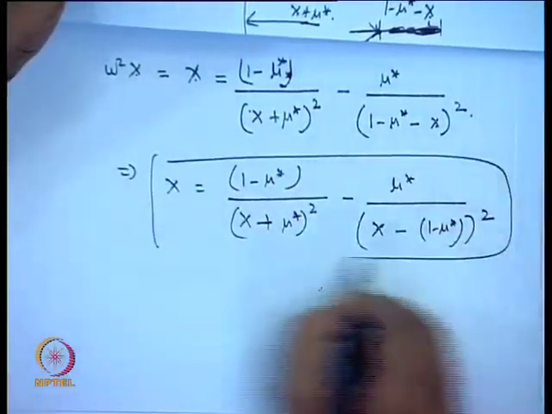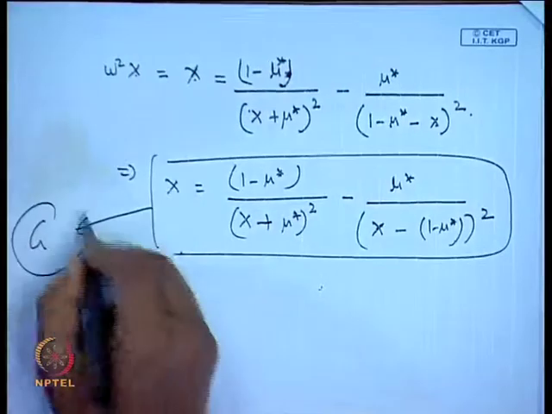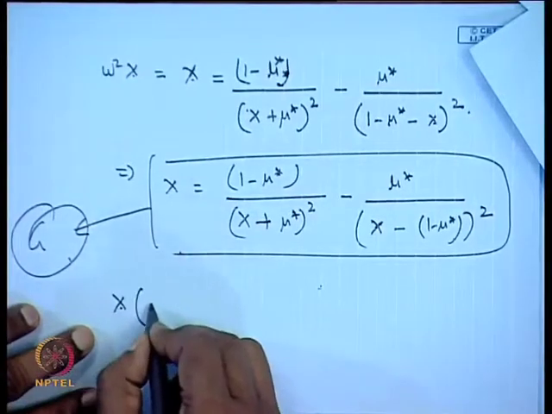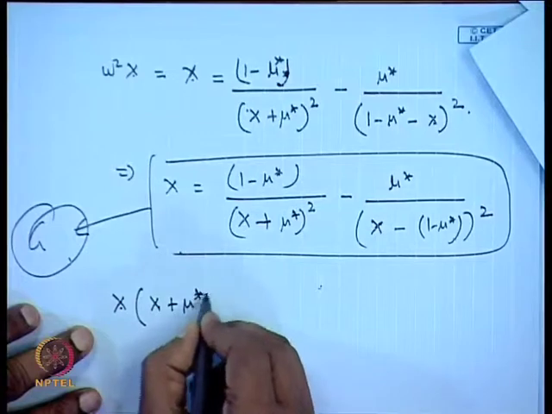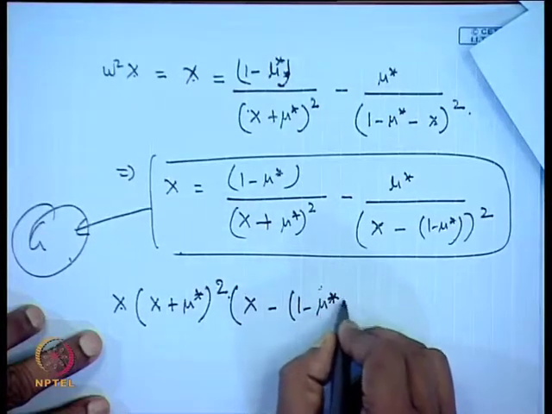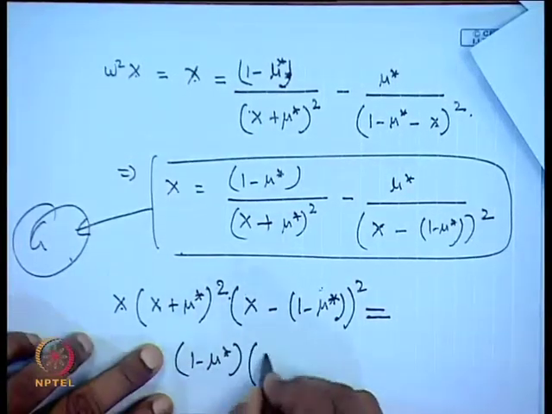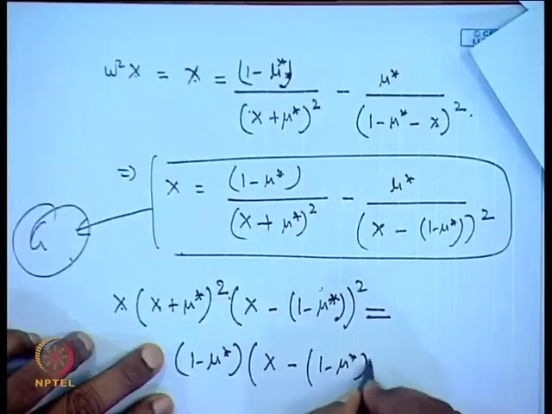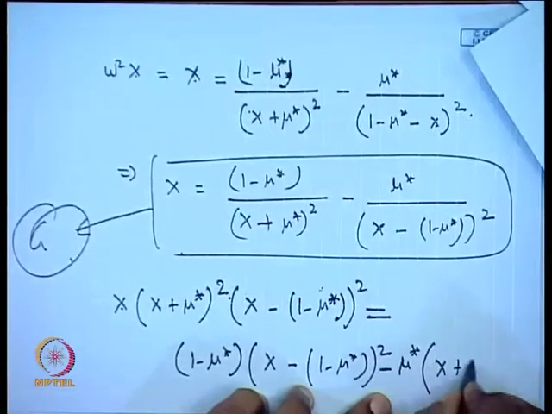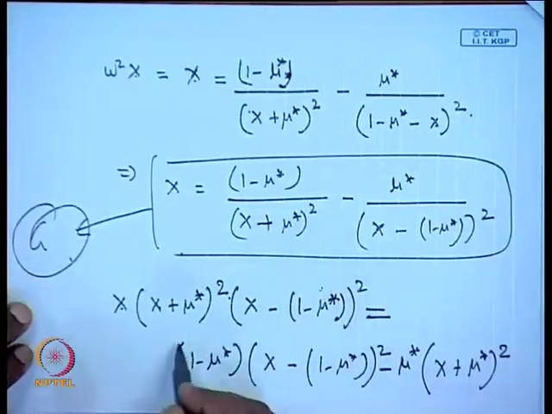This is our equation number G. So, this can be further written as x times x plus mu star square times x minus 1 minus mu star whole square, equal to 1 minus mu star times. So, this is another quintic.